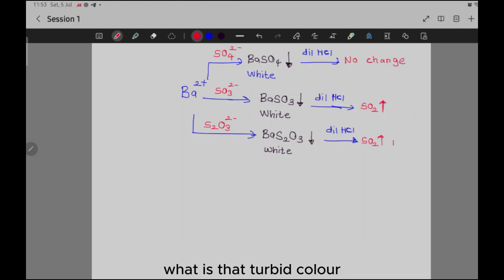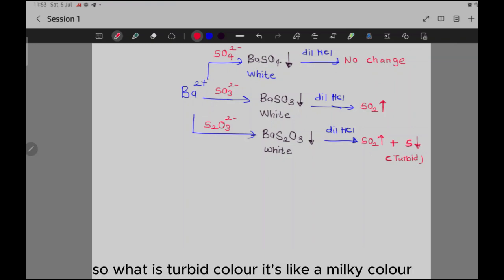What is that turbid color? That is sulfur. It's like a milky color. The solution turns into a milky color or pale yellow color when sulfur forms.